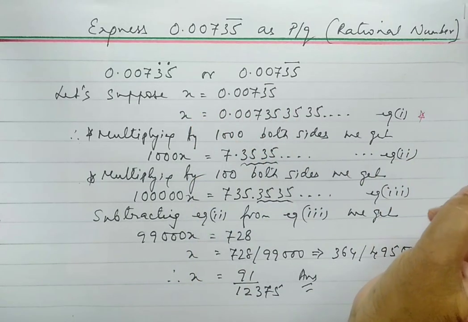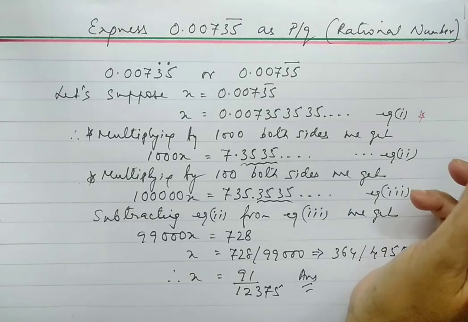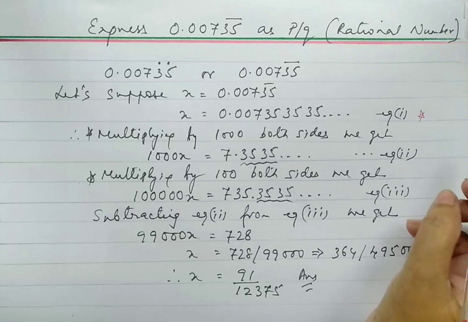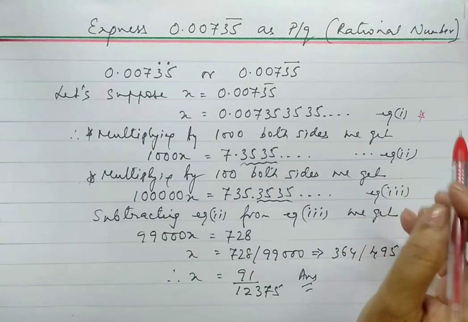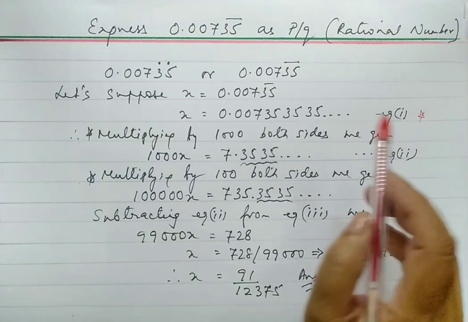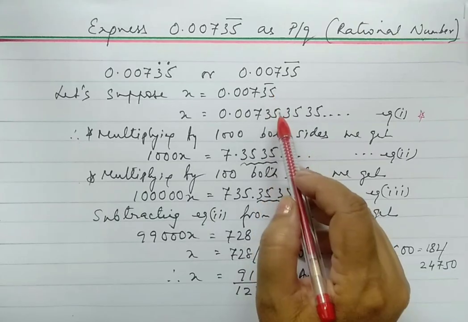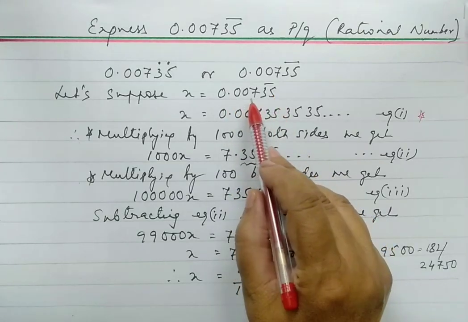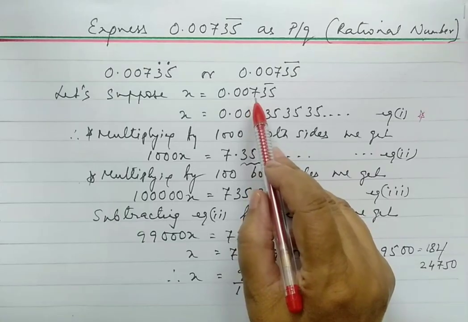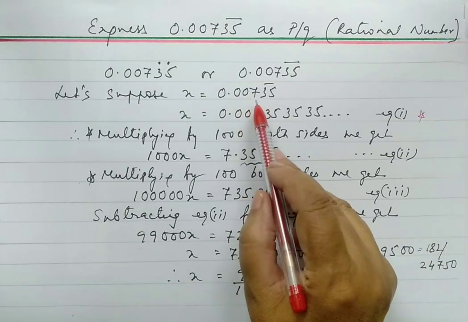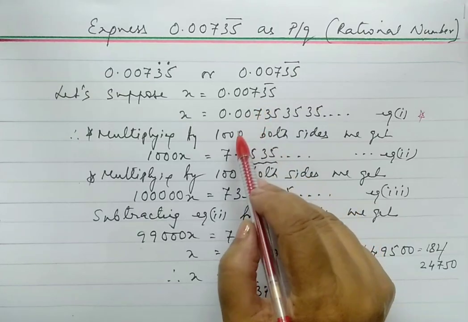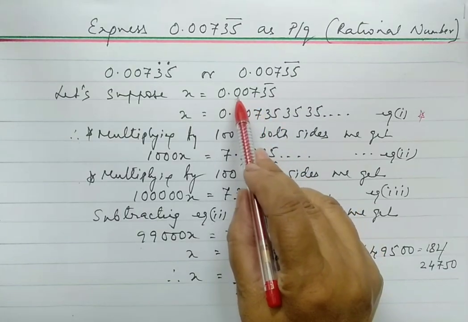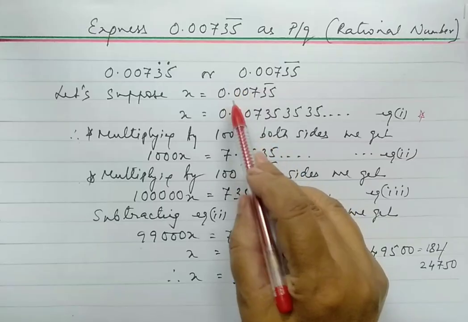All right. Next, what do we do? There is certain math behind this, which I'm going to explain. Now we have to find out that if 35 is under the bar, how many digits after the decimal point are outside the bar, upon which the bar isn't there. So obviously 0, 0, 7, 3 digits.